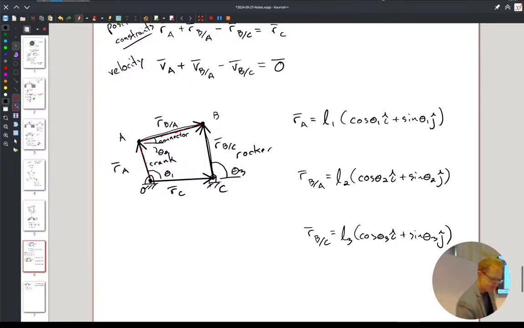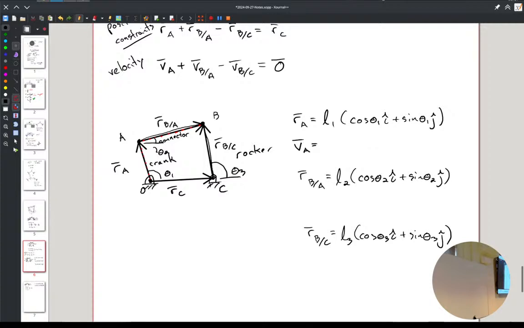Good. Let's start off with just one at a time. There's definitely a pattern to it, so if we can figure out one, we can figure out the rest, because they all look kind of similar, right? So if this is my position of A, what is the velocity of A?